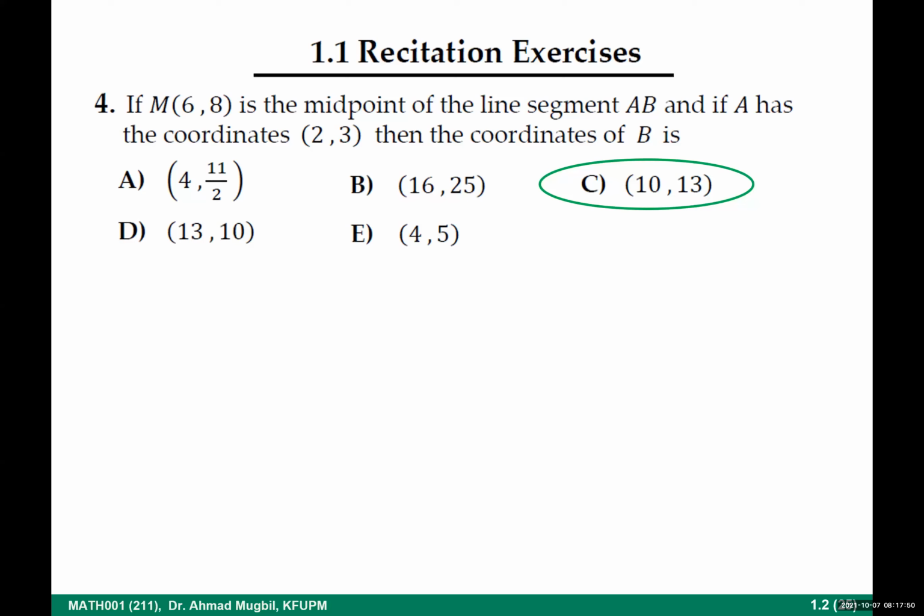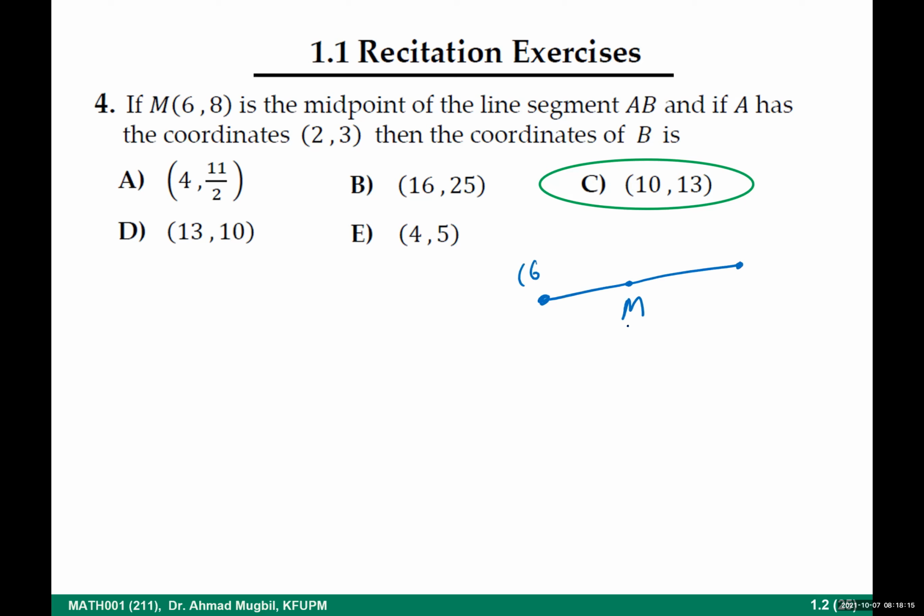Let's solve it together. What we have here, it is okay if you want to sketch these points or plot these points on the XY plane, but just think about it this way. You have a midpoint M between two points. Of course, a midpoint will be between two points.